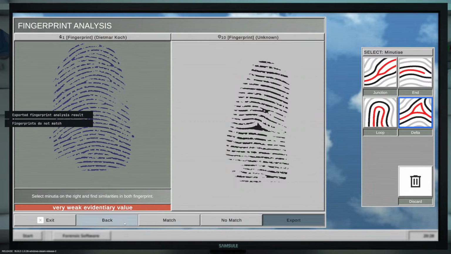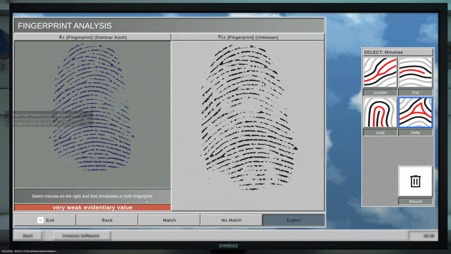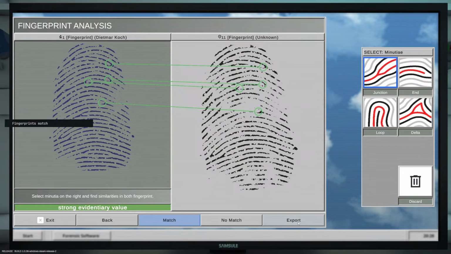No. This one, I believe, is a match. Yeah, let's start with the junctions, the easy targets. Junctions are easy targets.